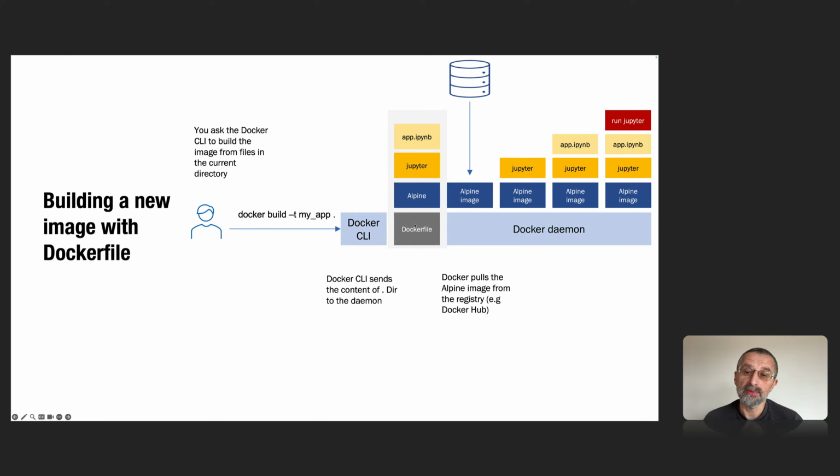This is the simple sequence, but obviously in the reverse order. Next, Docker creates new images by adding layers one on top of the other. As you can see, this is the next app. Then run Jupyter, which is the final command in your sample Dockerfile.